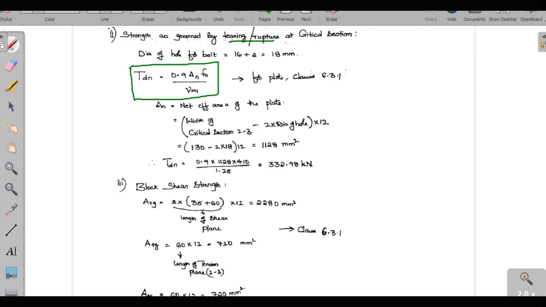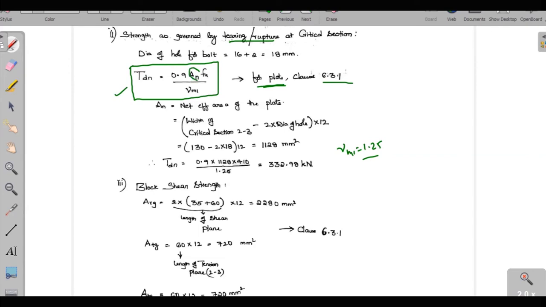So take care of that. This is a plate. So according to clause 6.3.1, this is the expression. So 0.9 Fu is 410 and gamma m1 is the partial factor of safety in rupture failure, which is equal to 1.25.